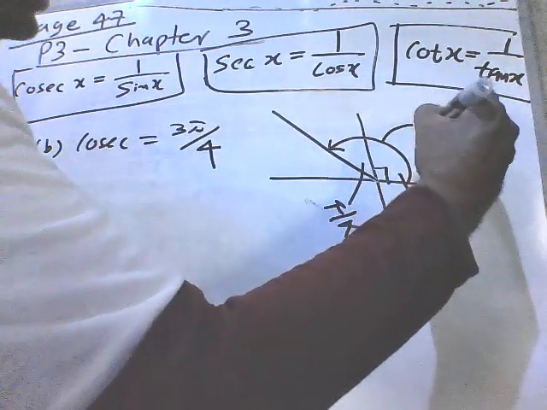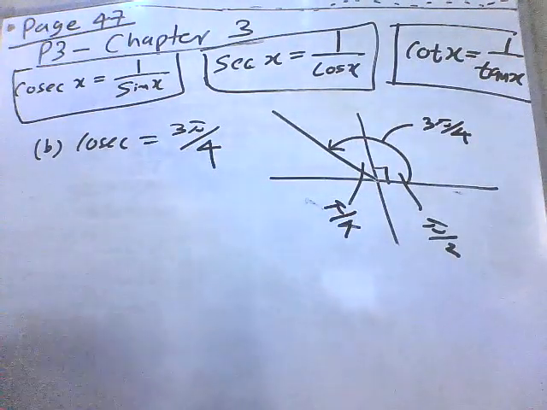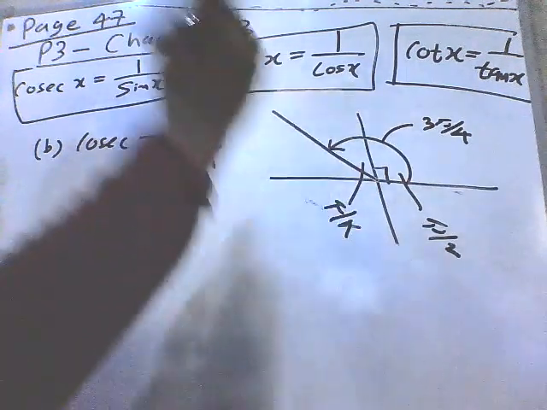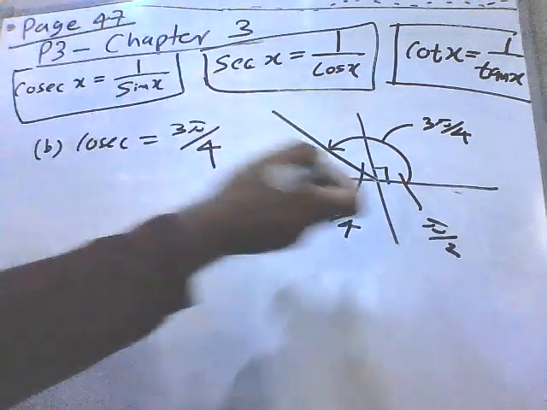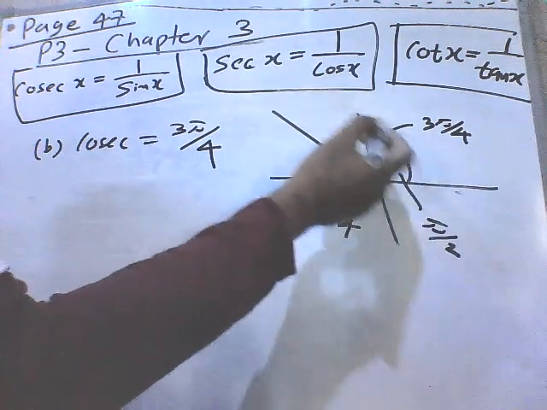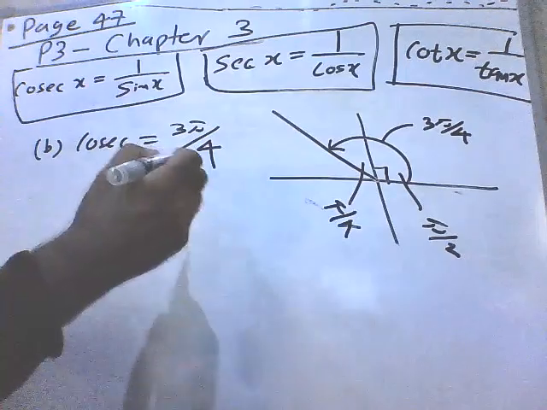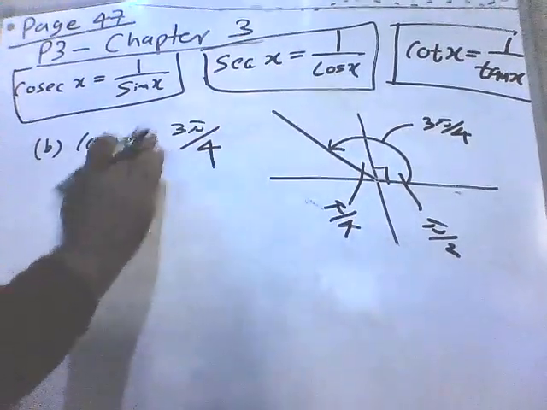So this angle is 3 pi over 4. Now we are supposed to find cosec of this one. Sorry, I have written the question wrong, it is 3 pi over 4.